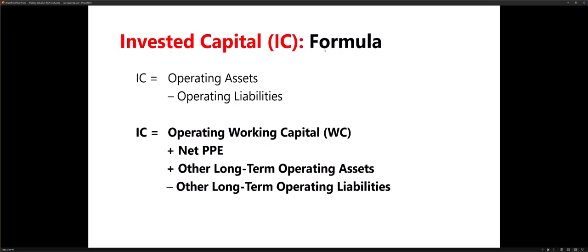All right, let's start with invested capital. So, what is invested capital? That represents the operating assets minus operating liabilities.